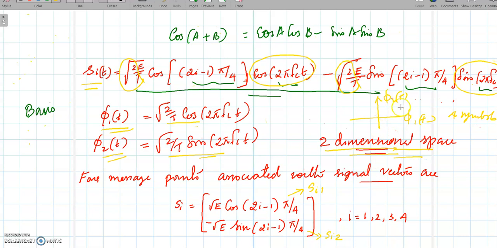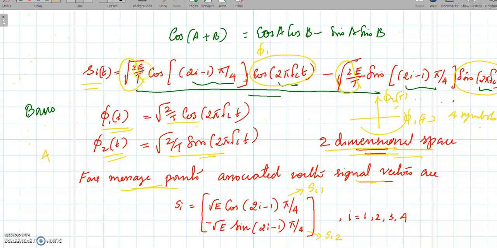Okay, so these 4 symbols you represent in this two-dimensional space. Now you have to represent these points in this two-dimensional space. For that you have to find out the message points. So we know i equals 1 to 4, there are 4 message points. So the corresponding signals you can represent as a vector. Just see this expression: you take the basis, the remaining term, that is, this is the basis phi 1.